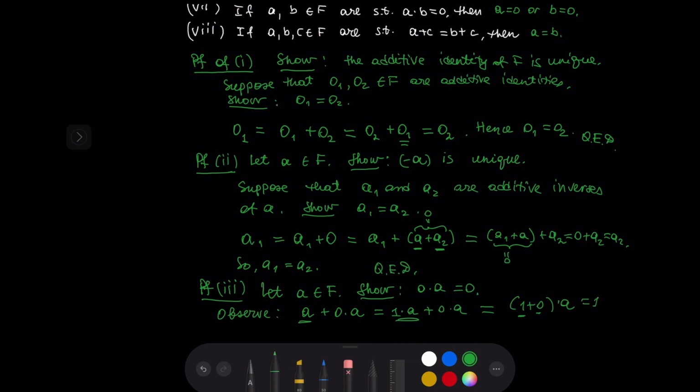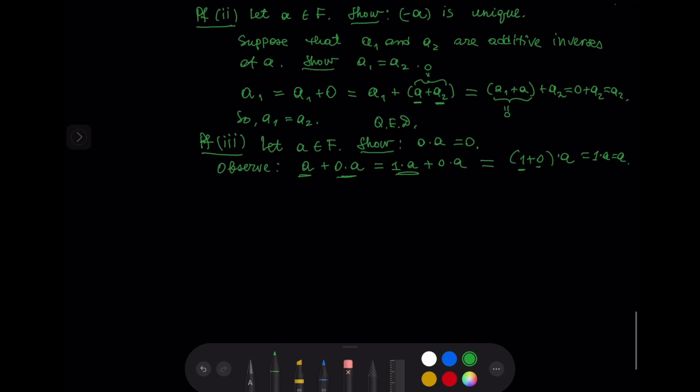So this is the same as 1 times A, which is A. Right? So A plus 0 times A is equal to A.